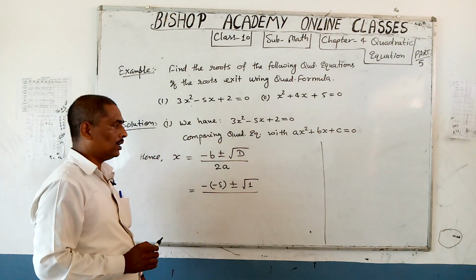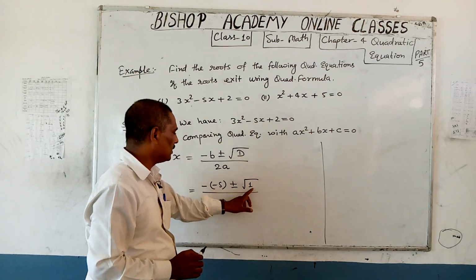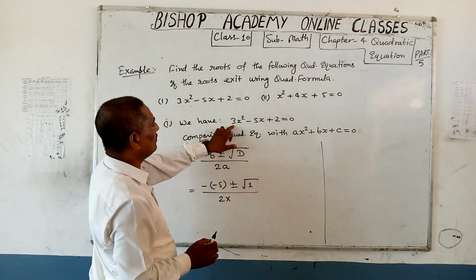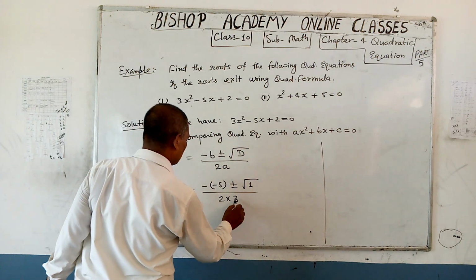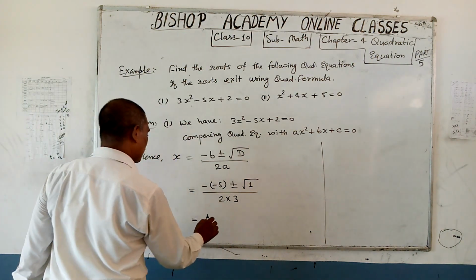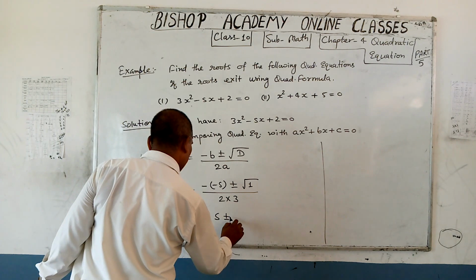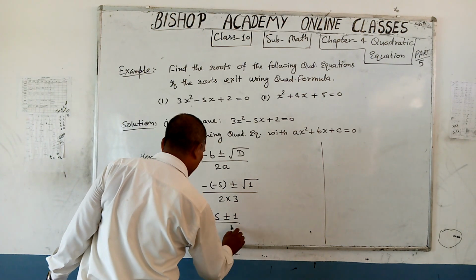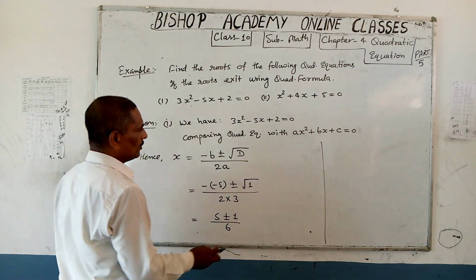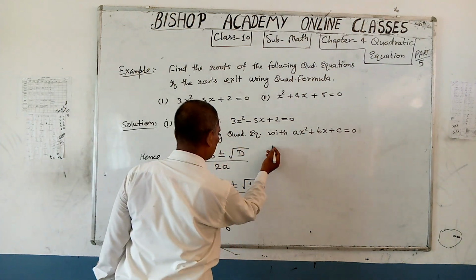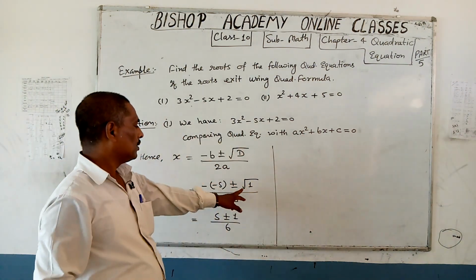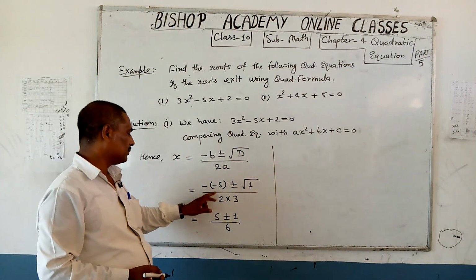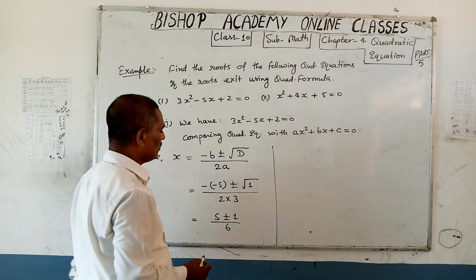The value of D you already got is 1. 2 multiply the value of a, which is 3. You find 5 plus minus 1 upon 6. Square root of 1 is 1.